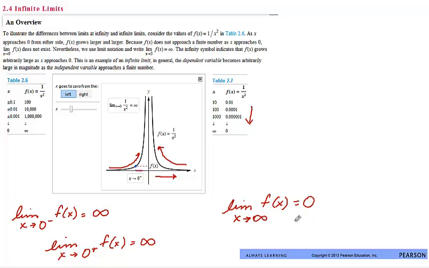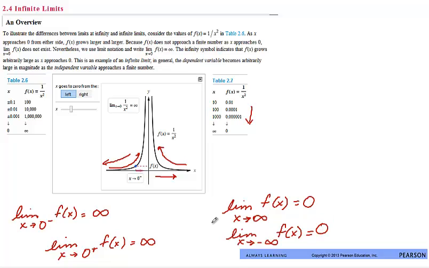We also will look at it in the other direction. Limit as x approaches negative infinity of this f of x. So as x goes towards negative infinity, this function is also going to 0.